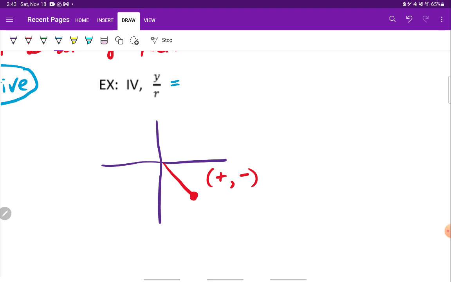Right, so I want y over r. y is negative in the 4th quadrant. r is always positive. If I take a negative and divide it by a positive, it's going to leave us with a negative.